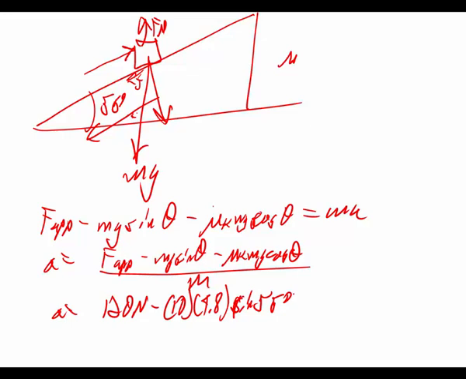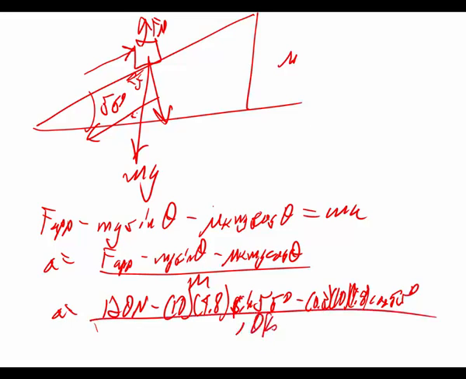All right, minus 0.3 times 10 times 9.8 times cosine of 55, all divided by 10. Now notice what happens to acceleration. Acceleration is really low, 2.29.